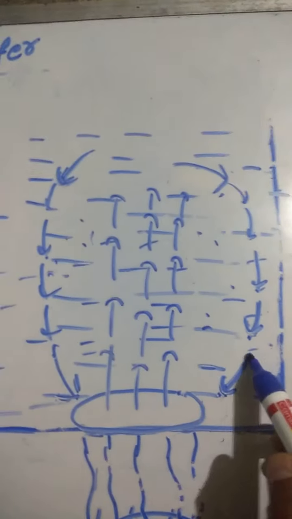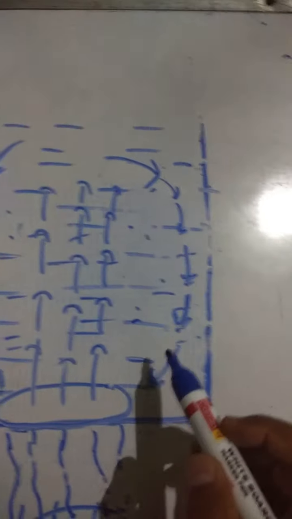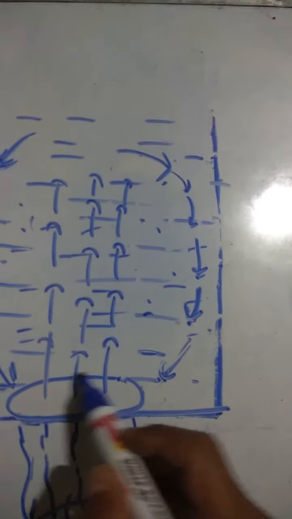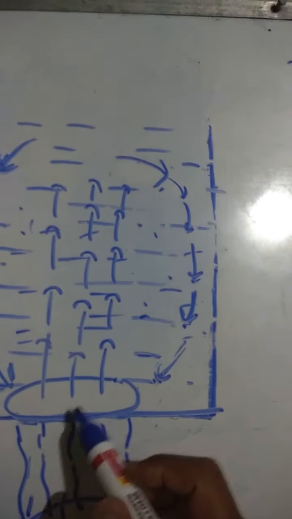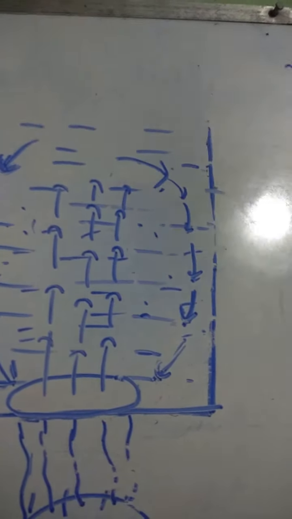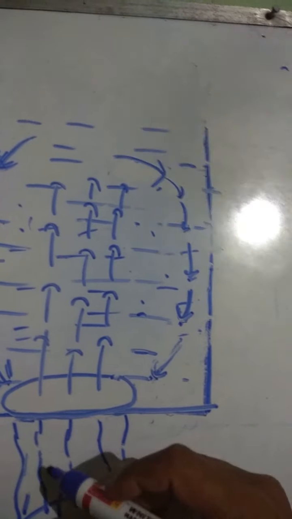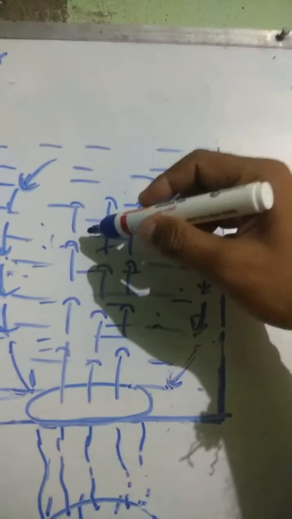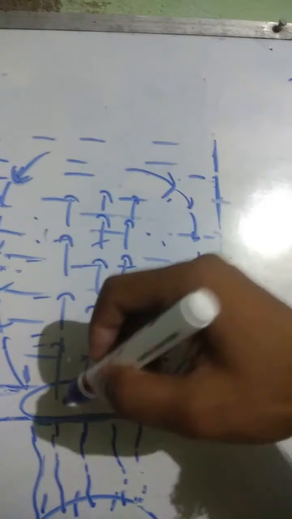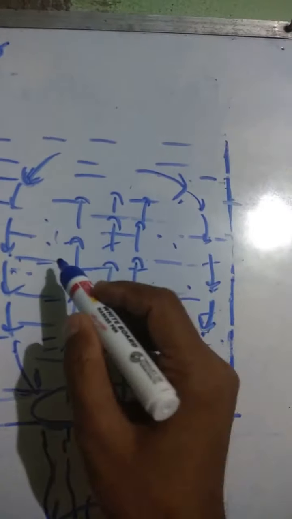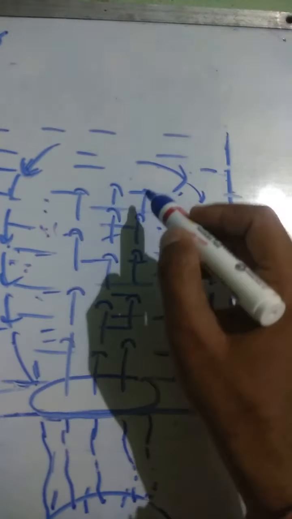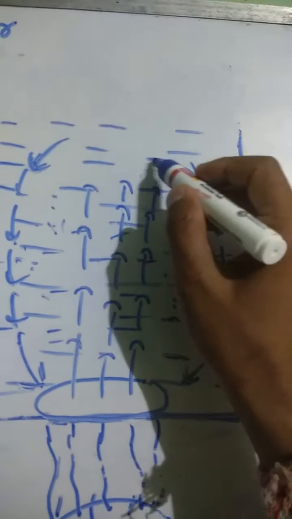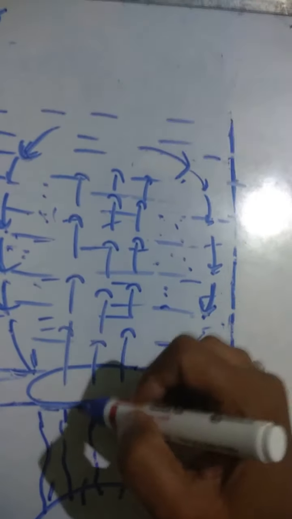Now all these side particles which take the place of these vacuums will again be heated by this burner. After getting heat, these side particles will go up, and again distribute heat to the surrounding particles, and push these side particles.